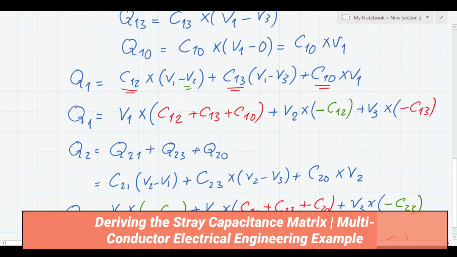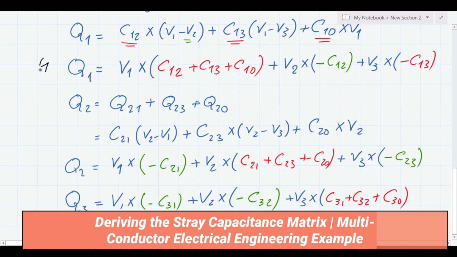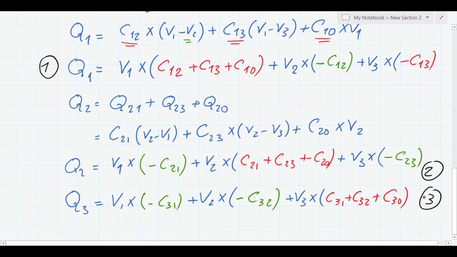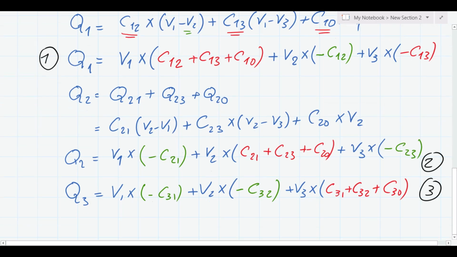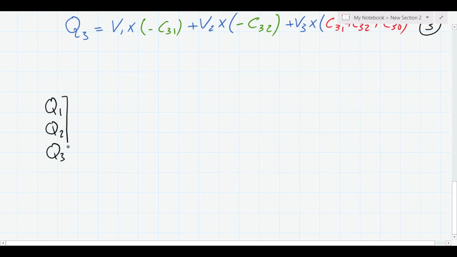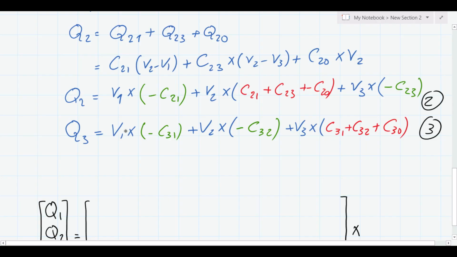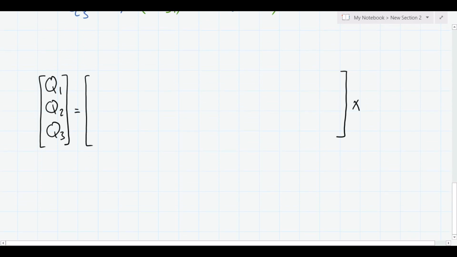We now have our three equations here. First one, this is the second one, and this is the third one. We can combine all these three equations into a matrix form. At the left side we have Q1, Q2, Q3, therefore at the right side we have a capacitance multiplied by V1, V2 and V3, which are common in all of our equations.